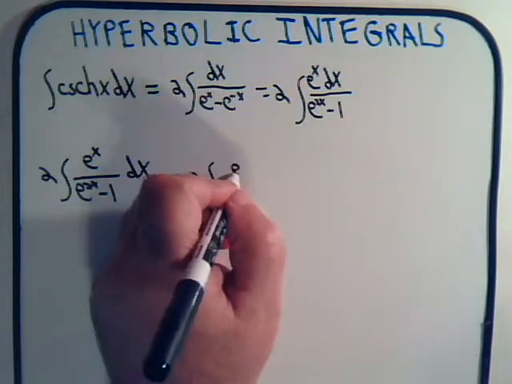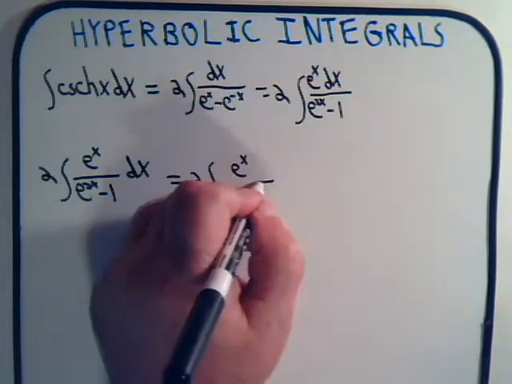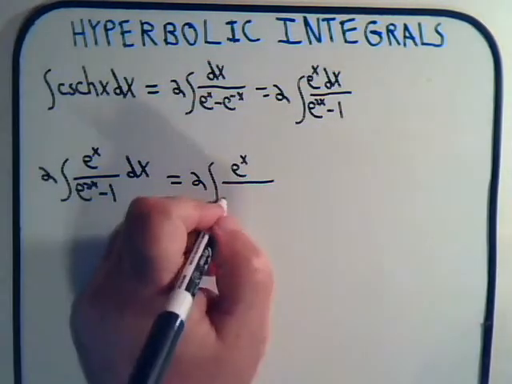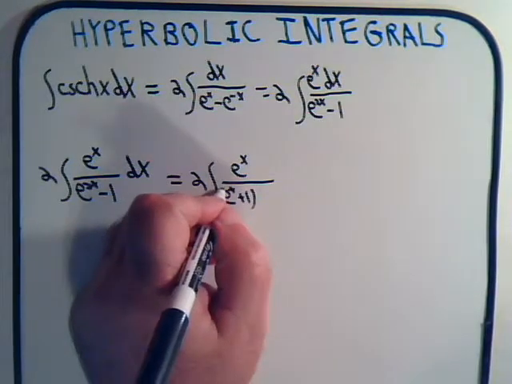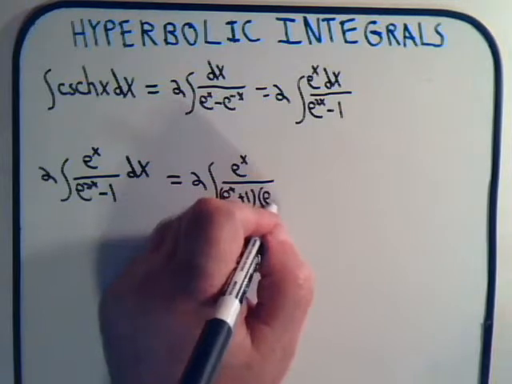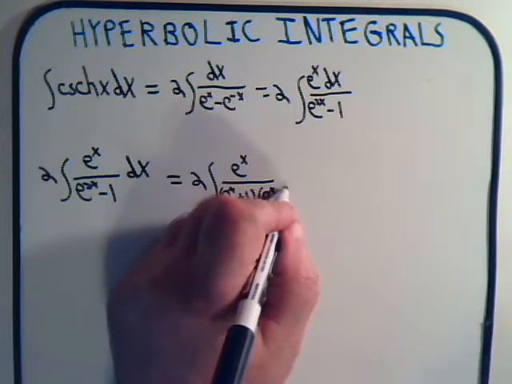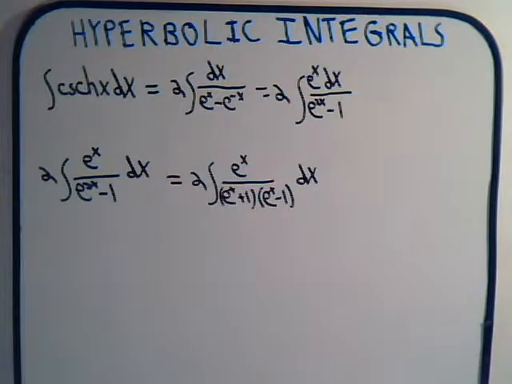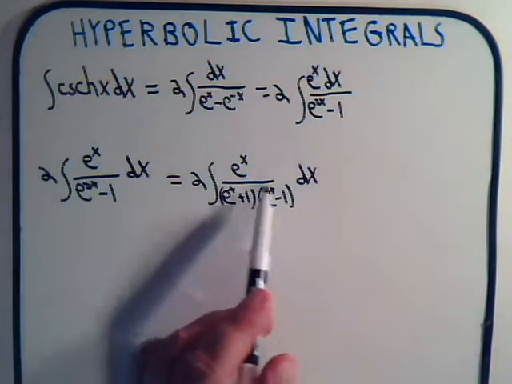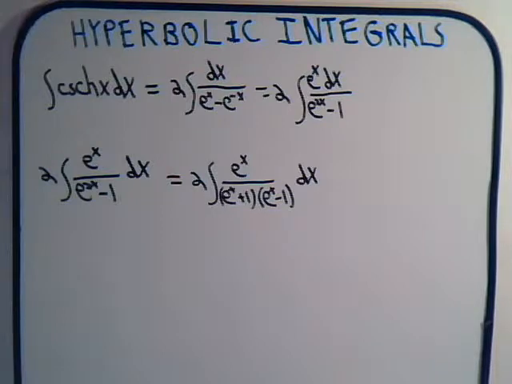Here we'll have e to the x divided by e to the x plus 1 times e to the x minus 1 dx. And this sets us up for using partial fractions.